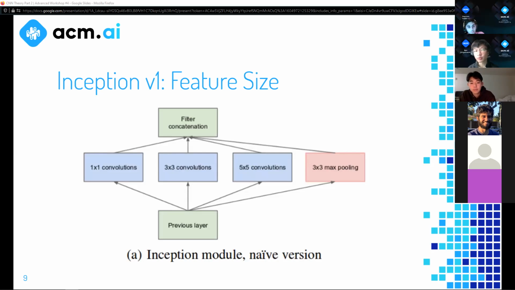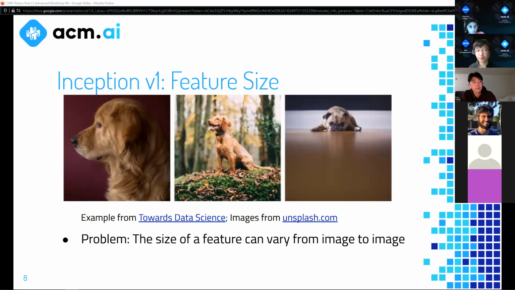But the way this works is that the 5x5 convolutions might be able to detect features that are larger in scale. So the close-up dog in the previous slide might be detected by the 5x5 filters, whereas the ones that are further away might be detected by the 1x1 or 3x3 filters.